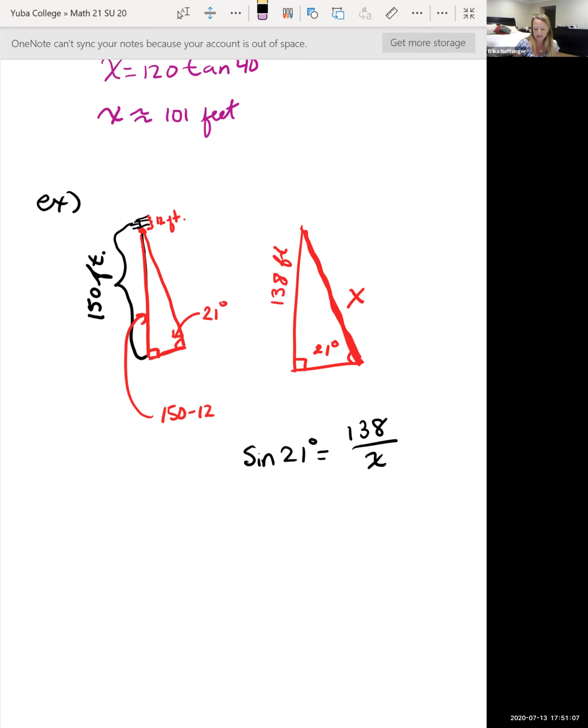If we multiply both sides by x to clear our fraction, you get x sine of 21 degrees equals 138. Divide both sides by sine of 21. We get 138 divided by sine of 21. And so that's approximately, and it's said to the nearest tenth, 385.1 feet.